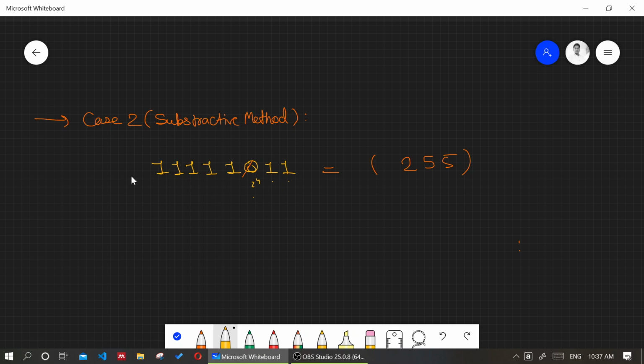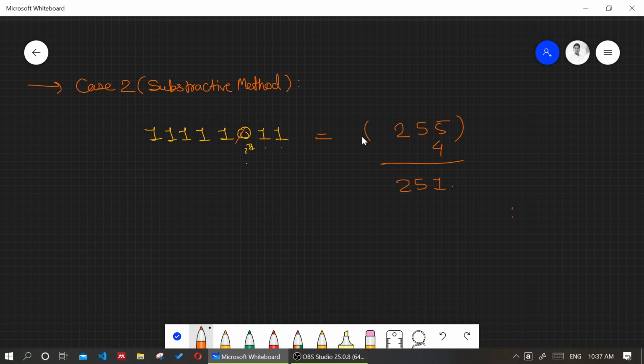So in this number, what is missing is 2 raised to the power 2, that is 4. So simply subtract this value where there is a 0. So the value will become 251. This is why this method is known as the subtractive method, because instead of addition, we are subtracting the number from that particular value.